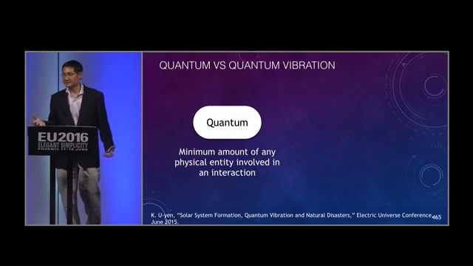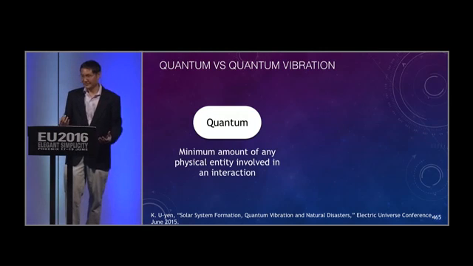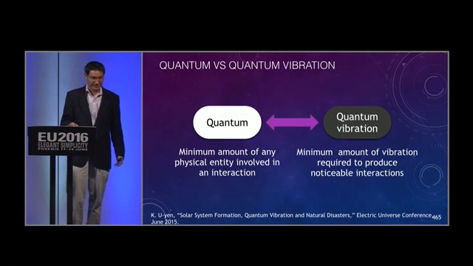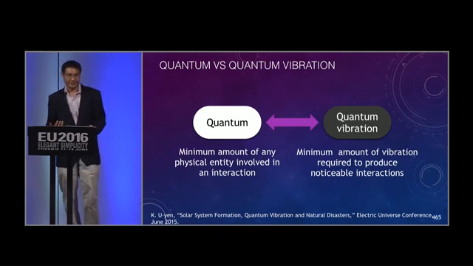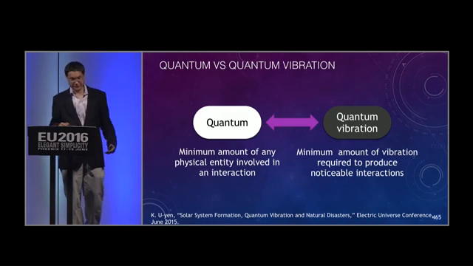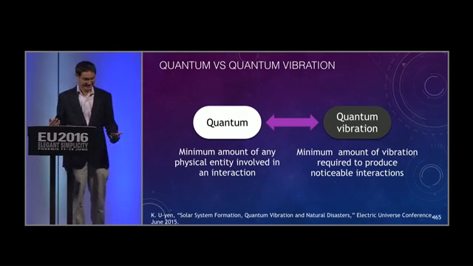A natural disaster, even though it occurs and looks really big to a single human, is almost completely negligible in the solar system. So quantum vibration is pretty much a vibration, a little bit, just enough to produce a noticeable interaction by us. So we use us as a sensor.